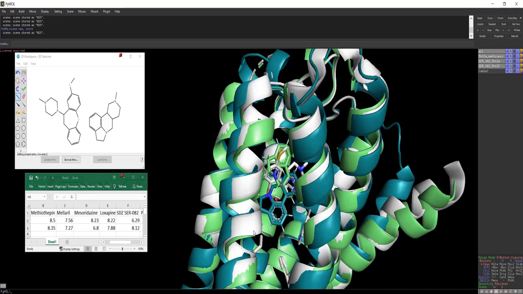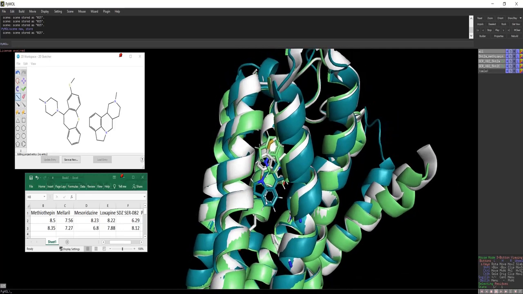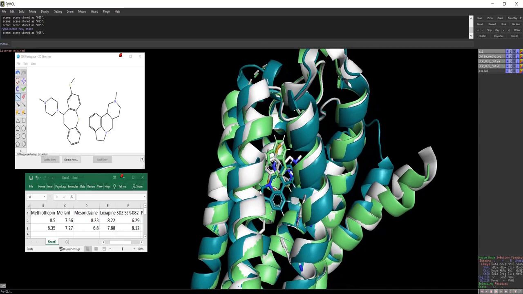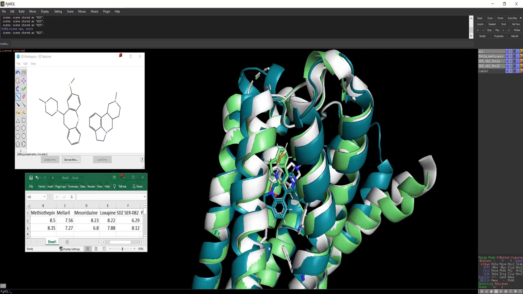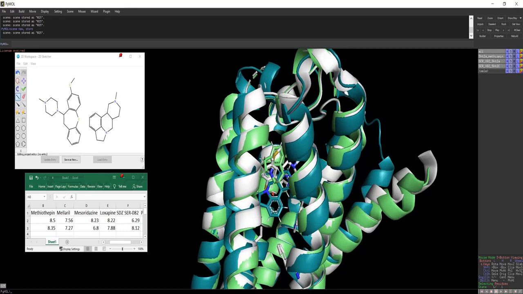And I think the reasoning why it's unable to get down into this binding pocket is because it's just too small. As stated previously, this kink caused by this proline results in the binding pocket for 5-HT2C to be bigger, which is why I think this compound that's a little bit bulkier and spread out is able to fit down into this pocket to interact with this toggle switch and PIF motif, whereas the same compound in 5-HT2A is not.